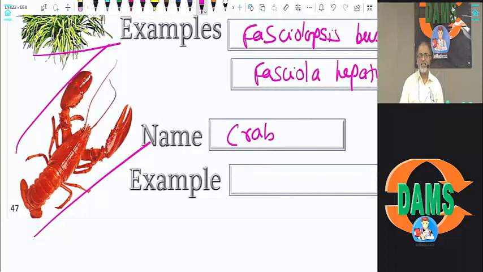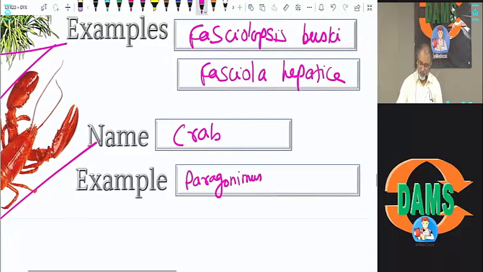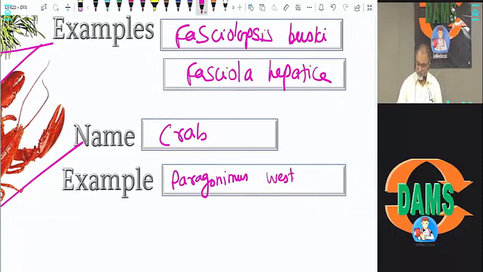Crab is the intermediate host for Paragonimus westermanni. Excellent.